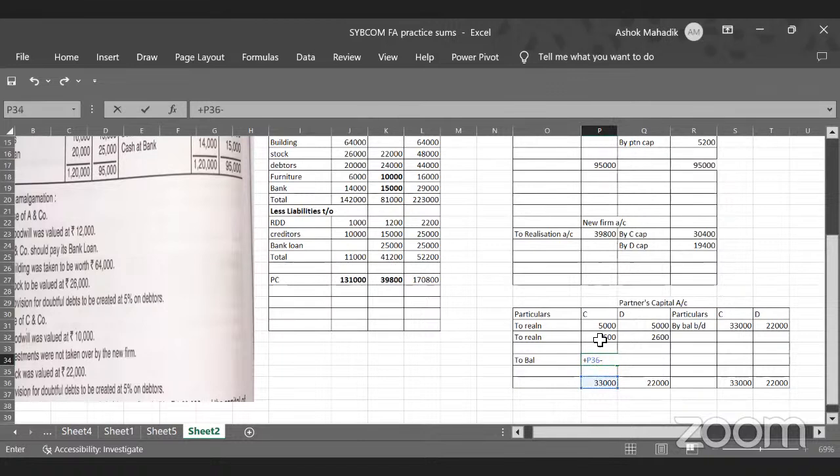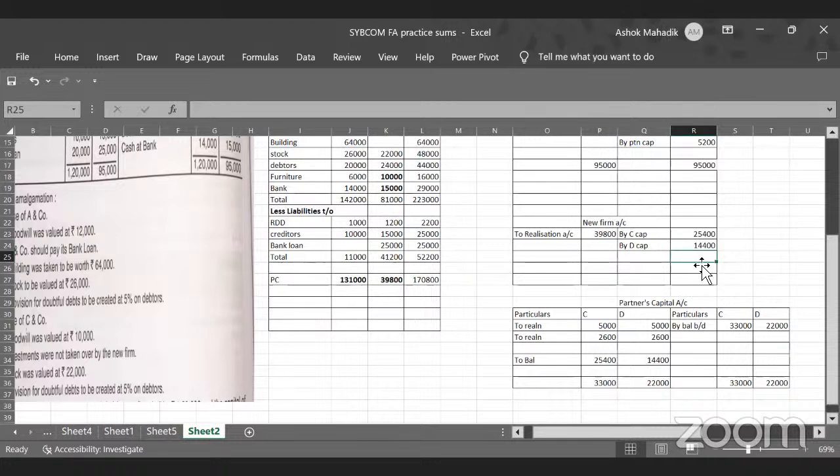Now let us see what the balance is now. 33,000 minus 5,000 minus 2,600. Okay, same way for B also. Okay, now let us change the figures. 25,400 and 14,400.